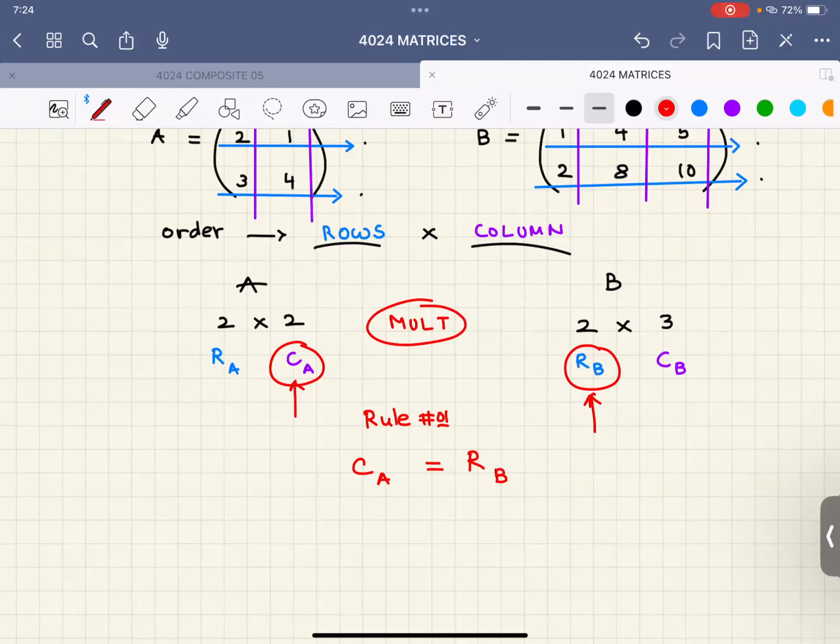Is 2 equal to 2? The answer is yes. That means multiplication is possible.